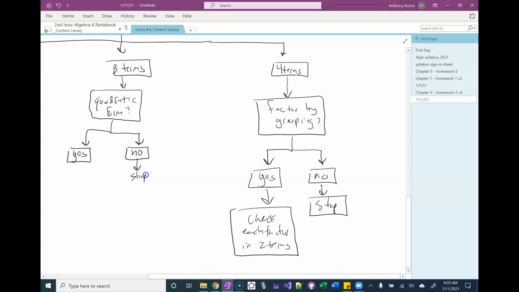If it's not in the quadratic form, there's nothing more we can do with it with our existing technique, so we would stop. If it is in the quadratic form, then we want to check to see if the leading coefficient is 1. I abbreviated leading coefficient as LC.